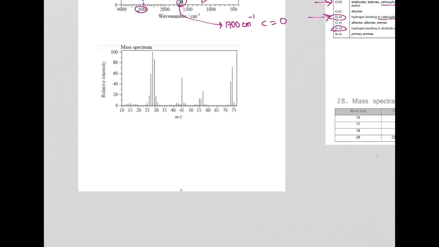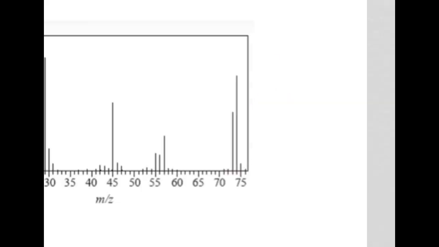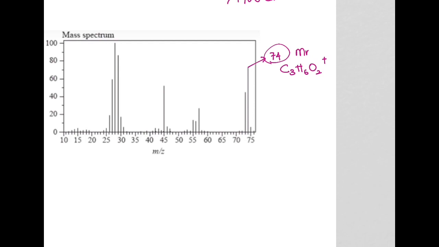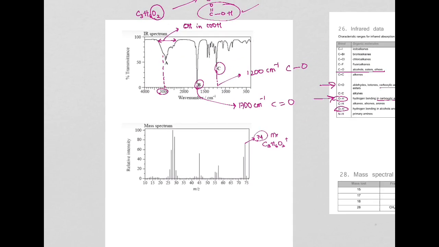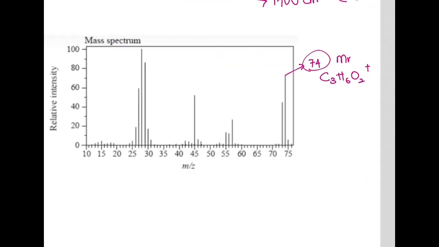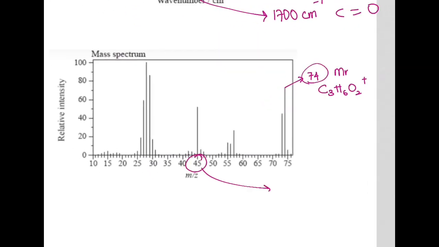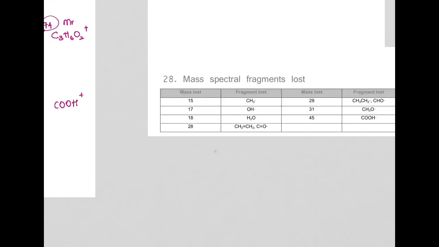If we look at the mass spectrum, we're going to see the strong peak at 74. So this is probably the molecular ion peak, C3H6O2 plus. Because we are doubting that there is COOH, if we look here, M over Z value 45, this is for COOH plus, and if you check in the data booklet you will find it here.